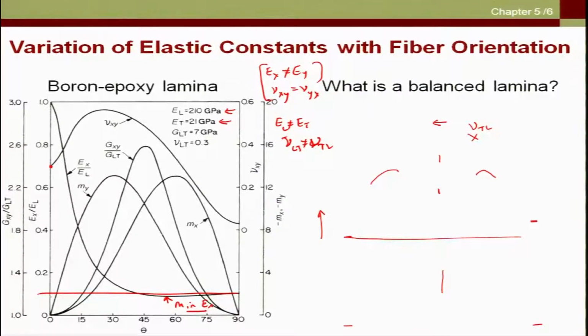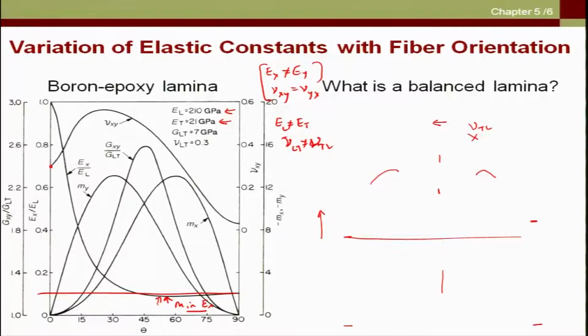The minimum value of Ex was Et, but for boron epoxy, as per this plot, the minima is not Et, rather it exists when theta is somewhere between 50 and 60 degrees.